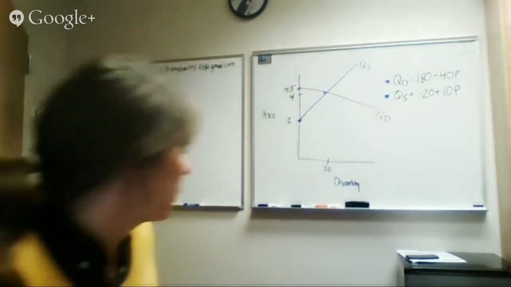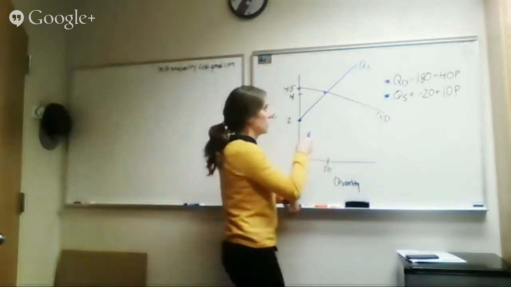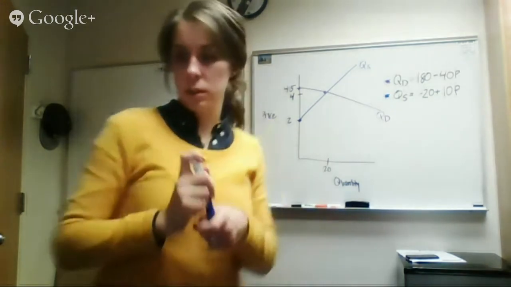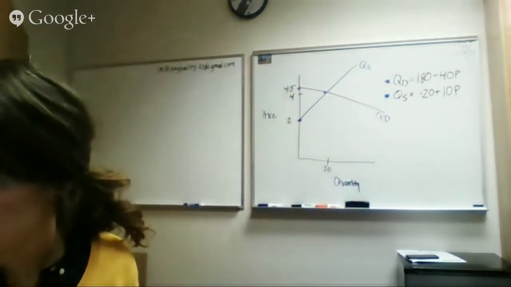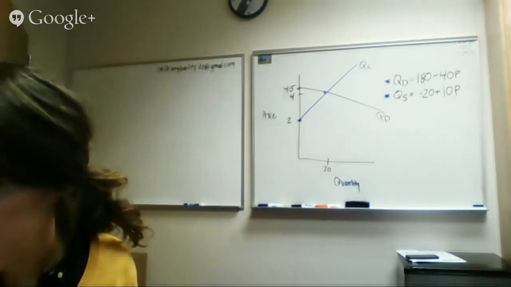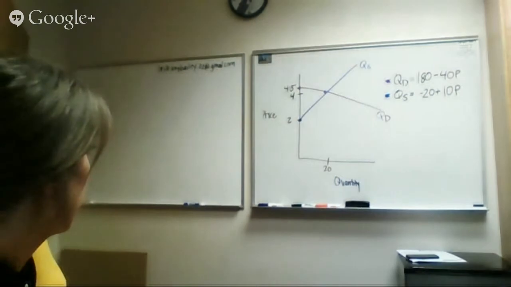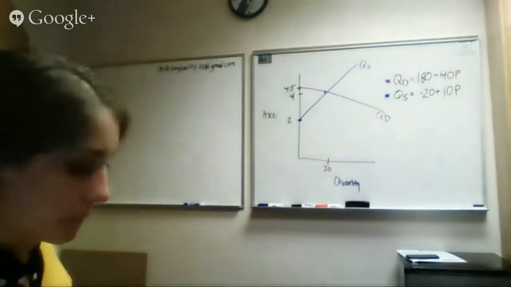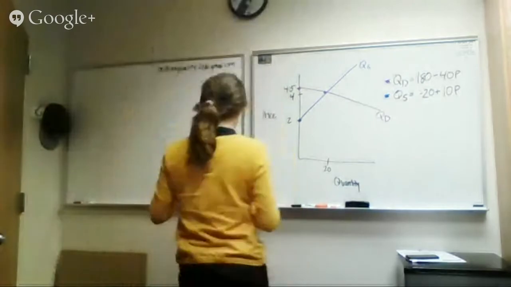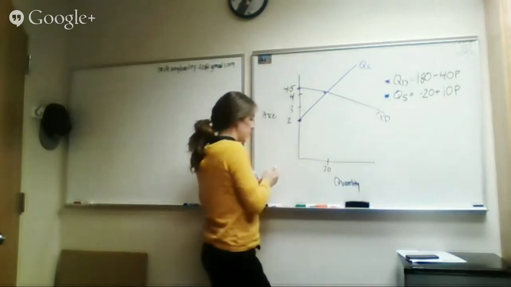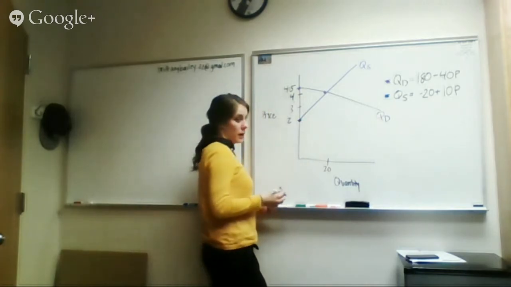So the tax is going to increase the price of supplying by $1 at every quantity point.